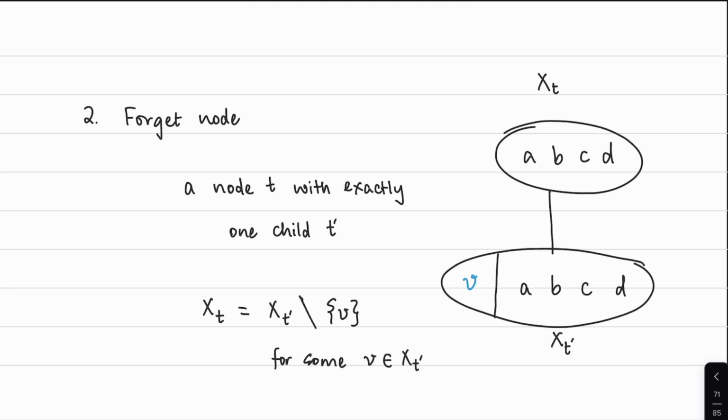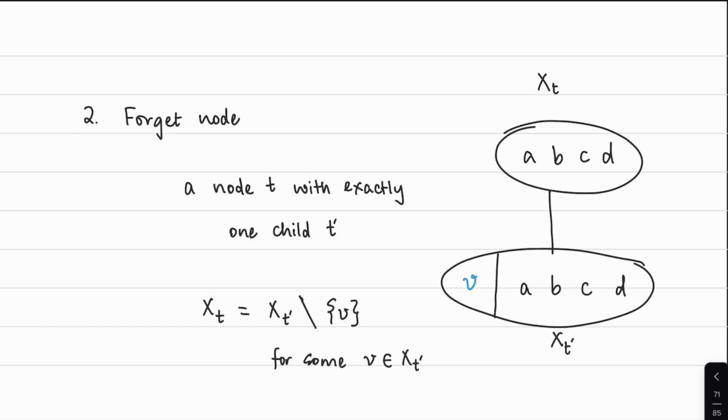Okay, the next kind of node is the opposite of an introduced node. It's called a forget node. In an introduced node, we brought in a new vertex. In a forget node, we are going to let go of one vertex.